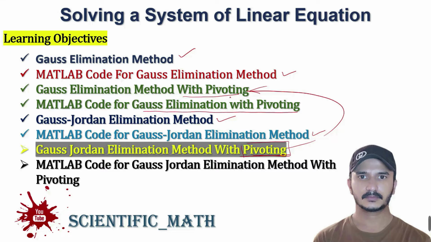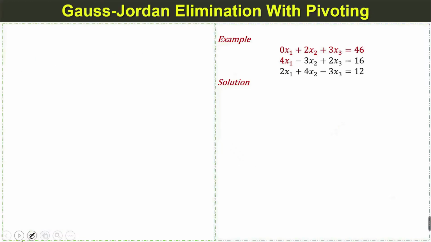Why do we need to do pivoting? In this lecture, we will again discuss why we need pivoting during the procedure of the Gauss-Jordan elimination method. So let's move toward the lecture, and here we have the Gauss-Jordan elimination method with pivoting.